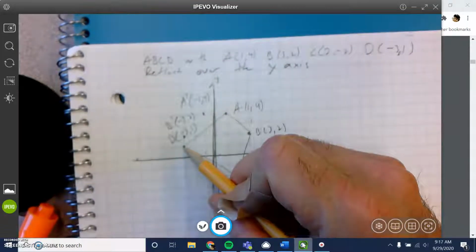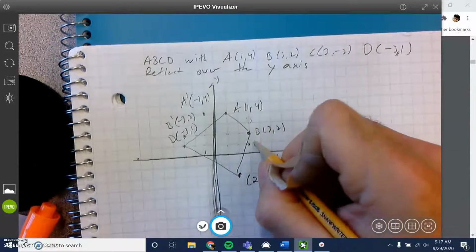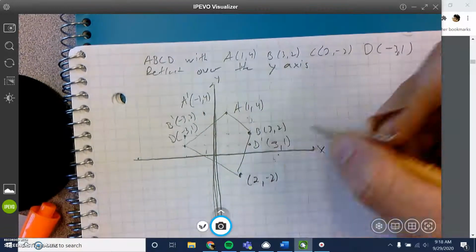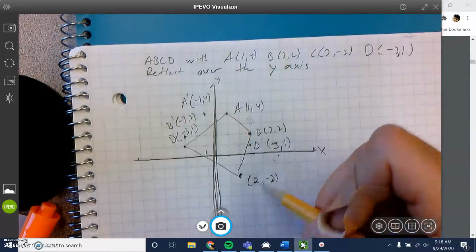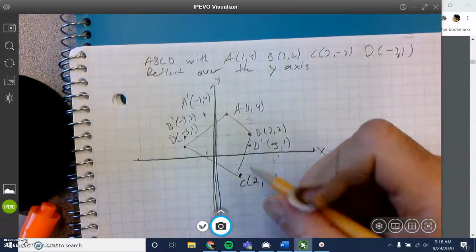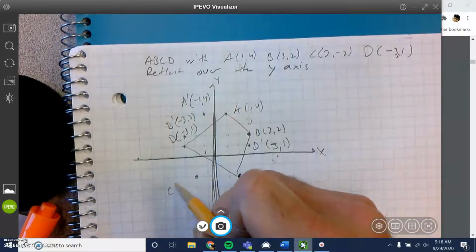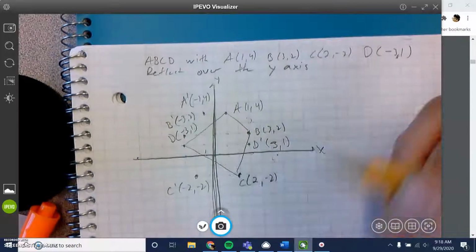D is right here. My bad. So 3, 3. So D prime is +3, 1. Cool. This is C right here. So C is 2, 2. C prime is -2, -2.